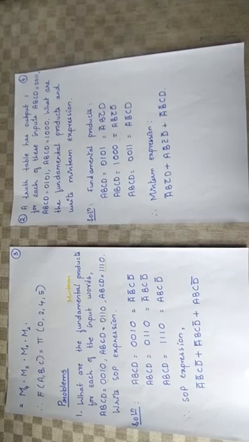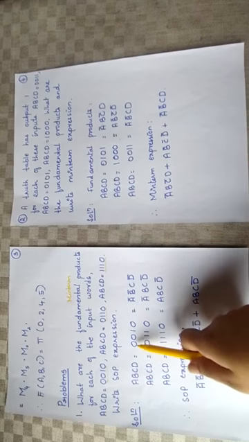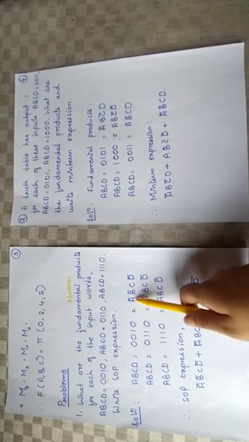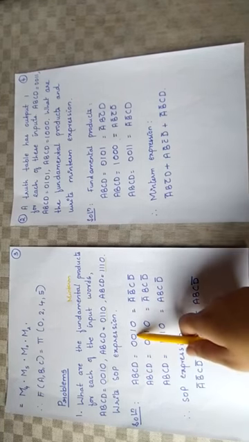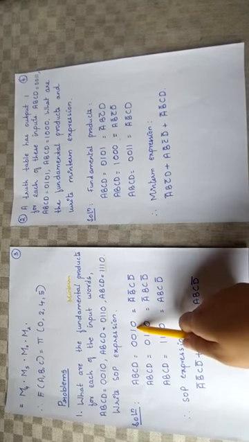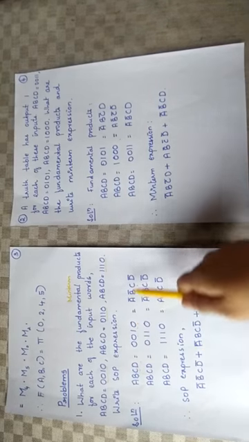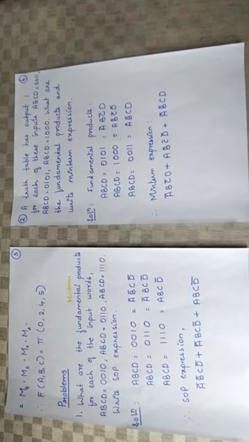If a literal is holding the value 1, it means that it should be the original term itself. So now according to this, A is holding 0, so it should be A complement. B is holding 0, it is B complement. C is holding 1, so it remains as it is C. D is holding 0, so it will be D complement.